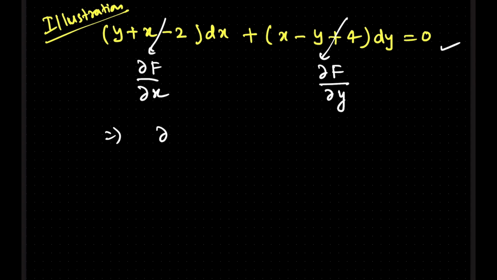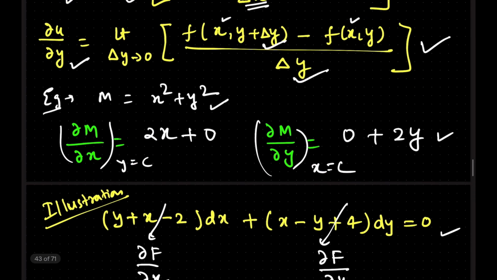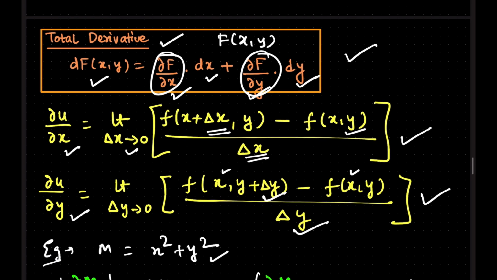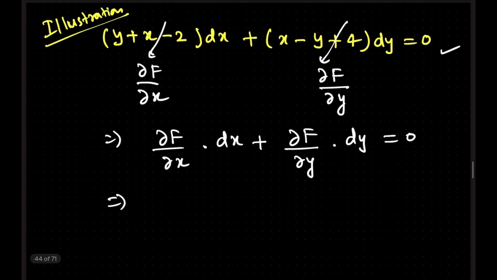Why? Because what is the benefit of this? We will get dou f by dou x into dx plus dou f by dou y into dy equal to 0, and by the formula of total derivative we have seen that it will be equal to df(x, y) equal to 0.